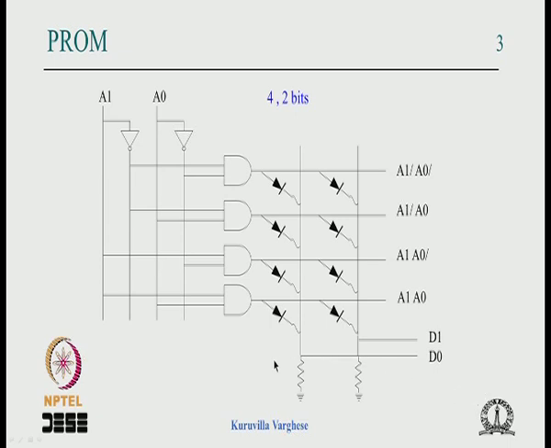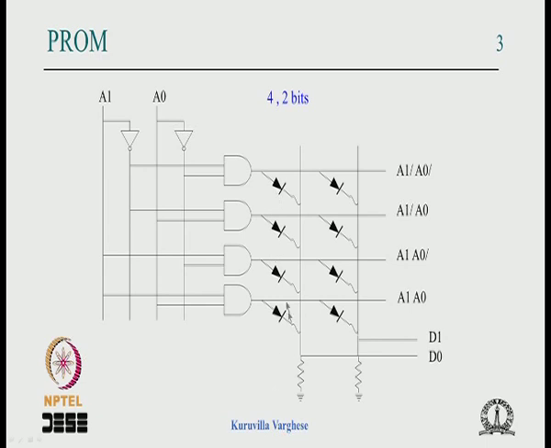So you can say that this is acting like a programmable OR, okay. So we are programming the OR function, you can imagine this as an AND and an OR, okay.